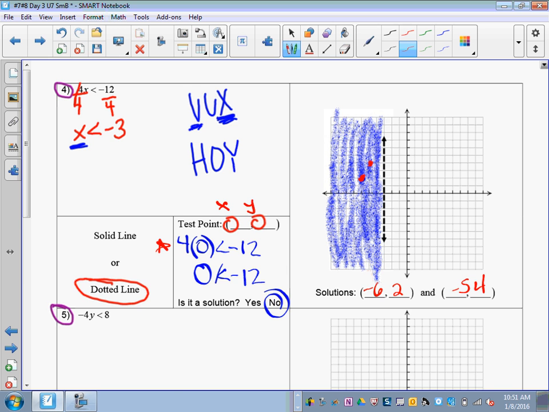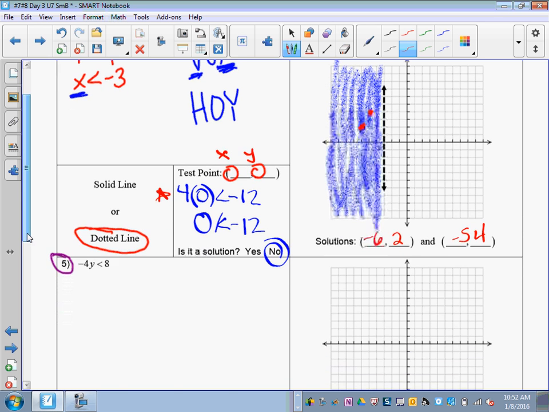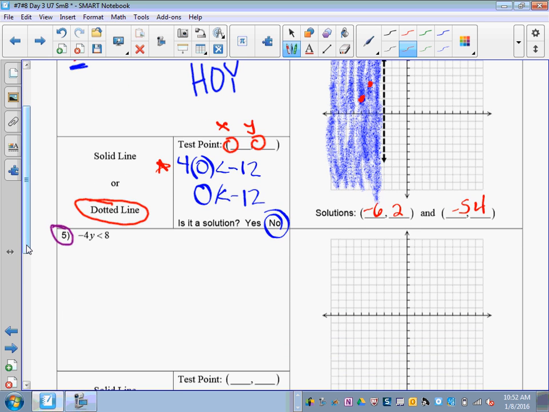Okay, so let's take a look at number 5 then. So number 5, we have negative 4y is less than 8. You need to get y by itself. Alex Hernandez, what do you think we're going to do? Good, divide by negative 4. Divide by negative 4 on both sides.